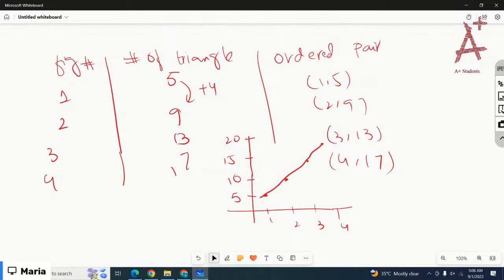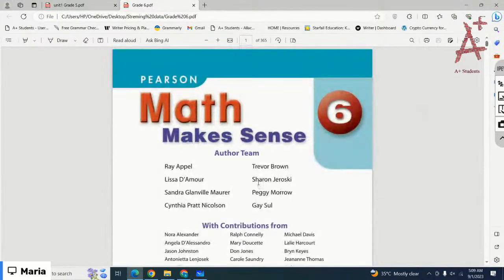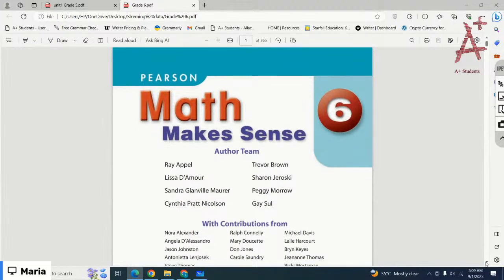You cannot find a work. What do you mean? You can go to the book, grade 6, Maths Makes Sense. We're working on chapter 1, patterns and equations, and the lesson we're working on is drawing a graph of a pattern. You can see the book. Here it is, Pearson Math Makes Sense. That's the book I'm working on.